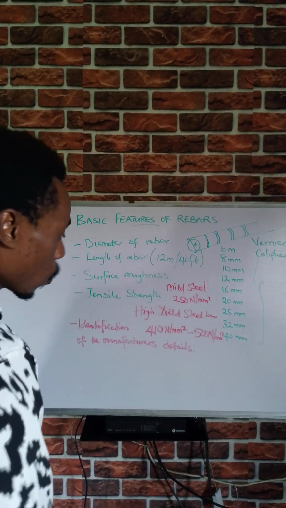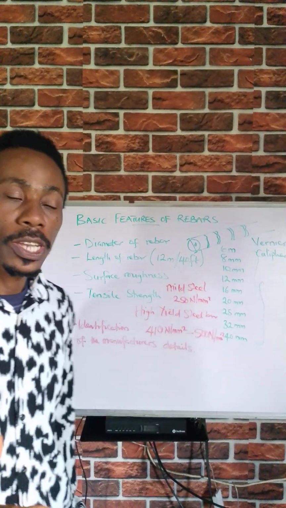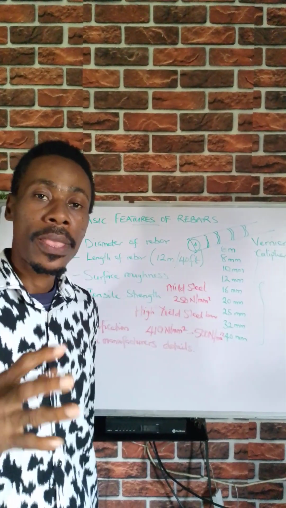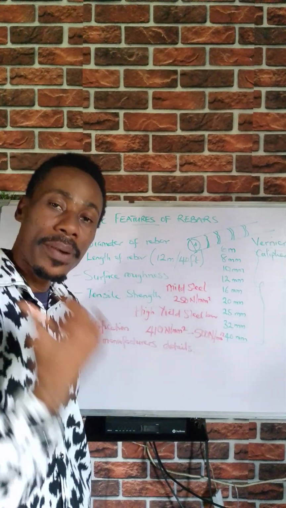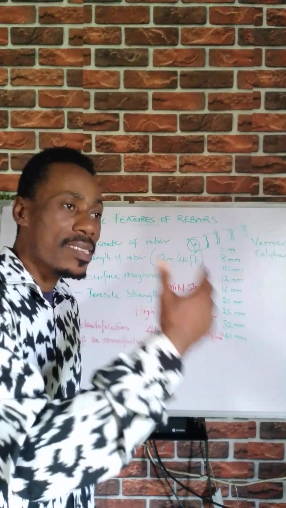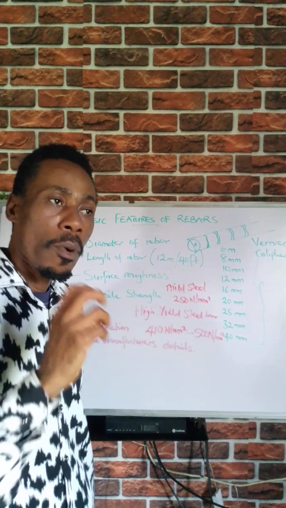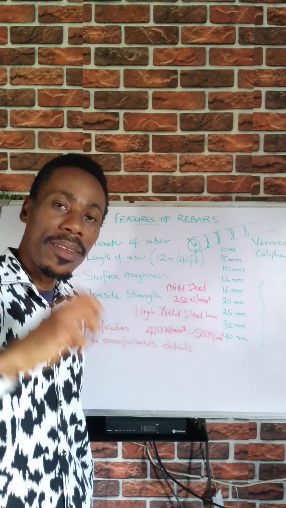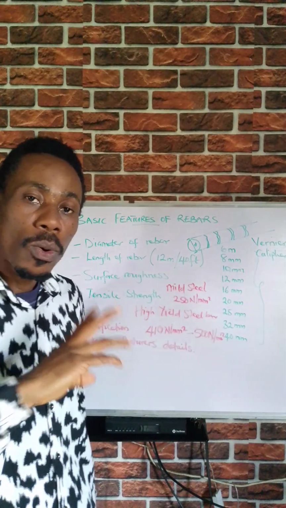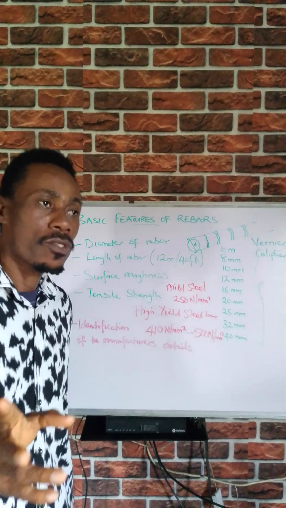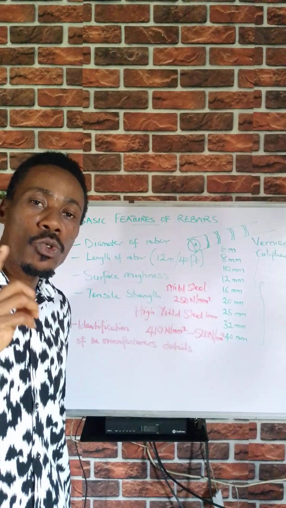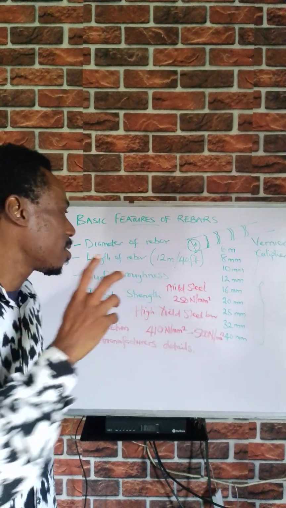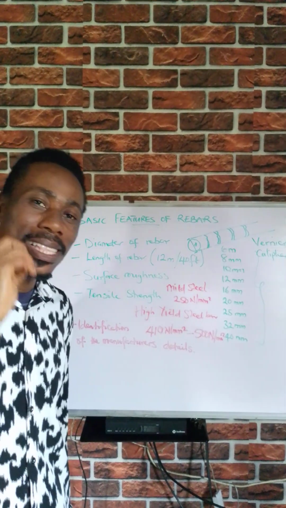So when you get to where you intend to purchase, you will see different types of reinforcement. That is the brand. You can see the same diameter, but the brand or the manufacturer's details will be different. But all we need to look out for is these features, especially the diameter.